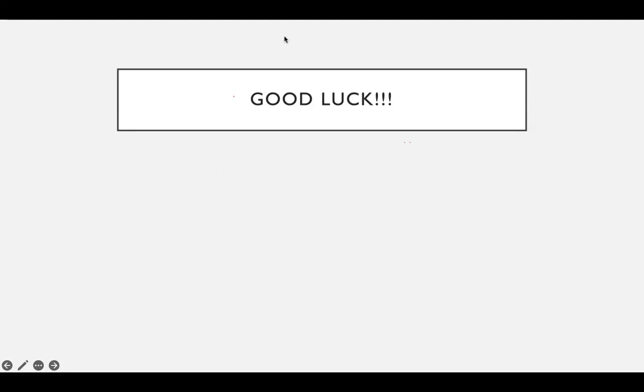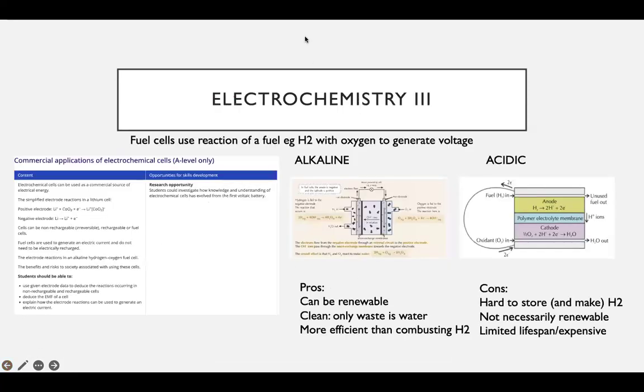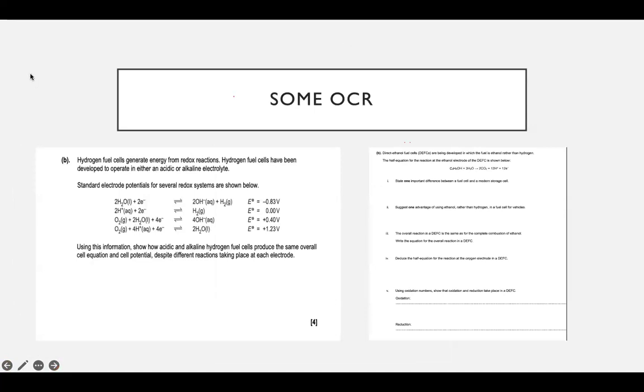I'm just going to end. The last question I'm going to answer is, in the alkaline fuel cell, can you write the equations? Okay, let's have a look. The easier way to show this is here for the alkaline fuel cell.